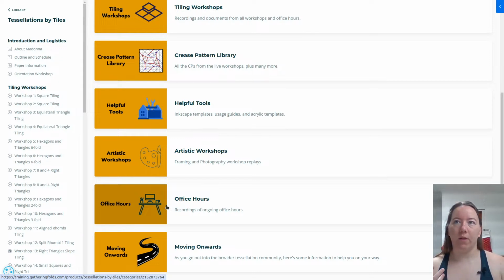So there's at least a dozen recorded hours of instruction in there. And that's often, hey, I'm having trouble with this pattern. Can we fold it together? Or let's take a look through my box of patterns that I've done a prototype in paper but haven't drawn a crease pattern for yet. And let that guide us and find a pattern, draw the crease pattern, see how it repeats, see how it functions.